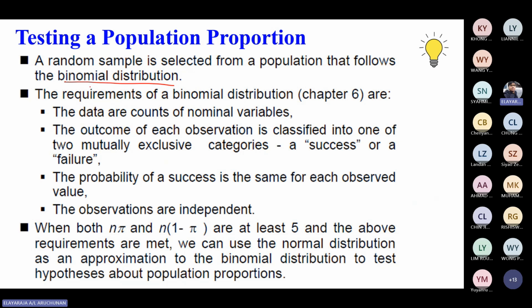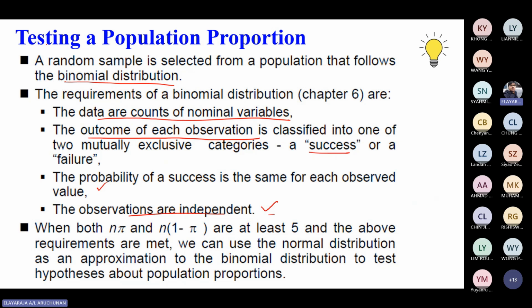So the binomial distribution requirements are: the data are counts of nominal variables; the outcome of each observation is classified into mutually exclusive success or failure; the probability of success is the same for each observed value, which is the third condition; and the fourth condition is that the observations are independent. Those are the four requirements for the binomial distribution.